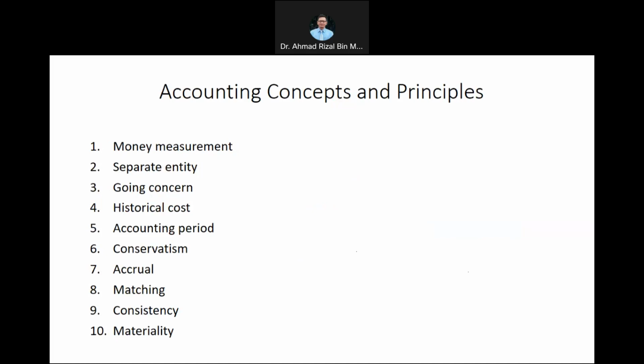Unless, let's say, the business faces financial distress and is prone to bankruptcy, then it's a different matter. We have to value it differently. So this assumption will not hold whenever the company faces financial distress or the possibility of bankruptcy.